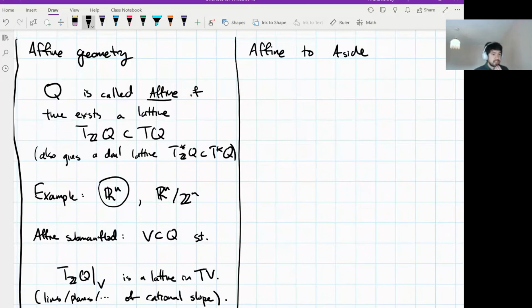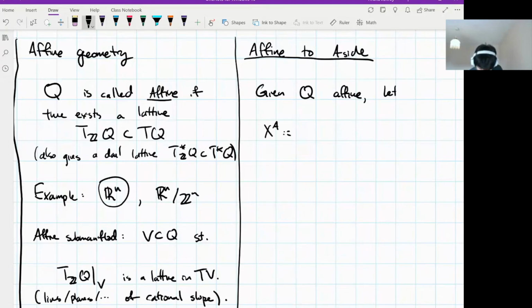Now, the great thing about affine geometry is that it has a very, very nice upgrade to both the symplectic side and to the algebraic side. So to upgrade an affine space to the A side, given Q affine, let X_A equal T*Q mod this cotangent bundle lattice.